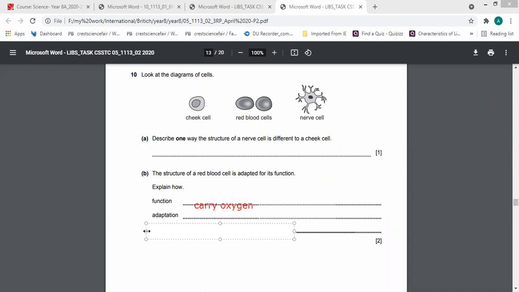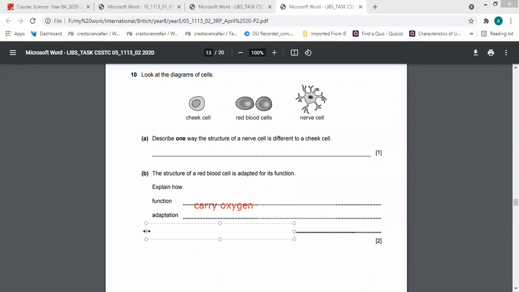Biconcave shape, right? No nucleus, right? As a result of having more hemoglobin, no nucleus, and biconcave shape, we can say that red blood cells have a large surface area. It's clear?